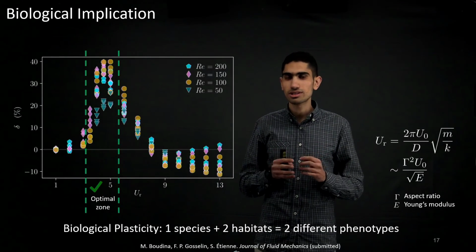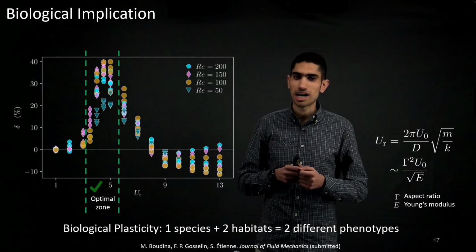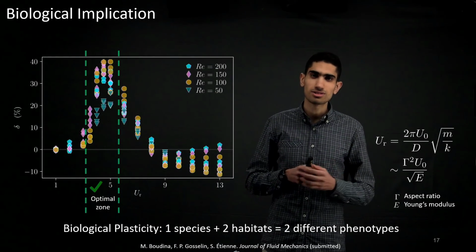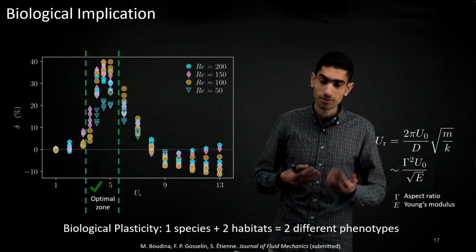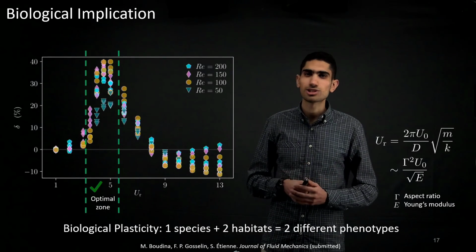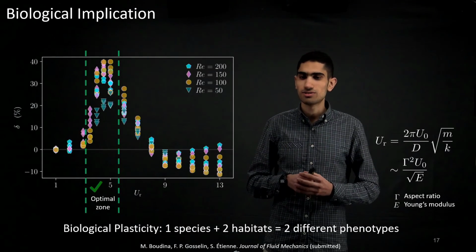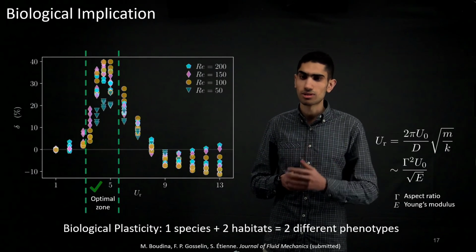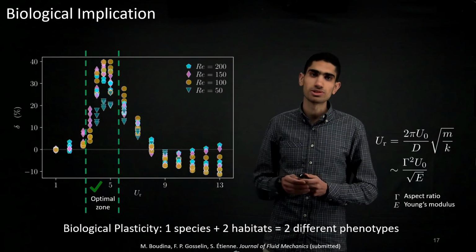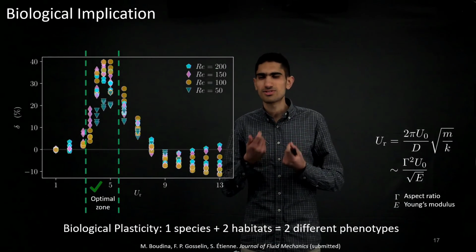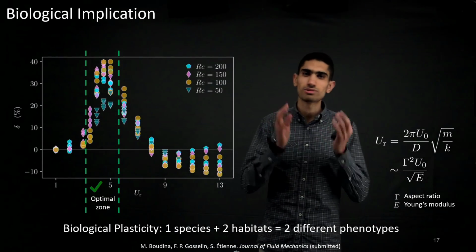But if the coral decides to reduce its aspect ratio or increase its Young's modulus by maybe adding more calcium carbonate components, for example, the UR might be shifted back and reduced toward this optimal zone. And it seems like the coral is sensing its surrounding environment.